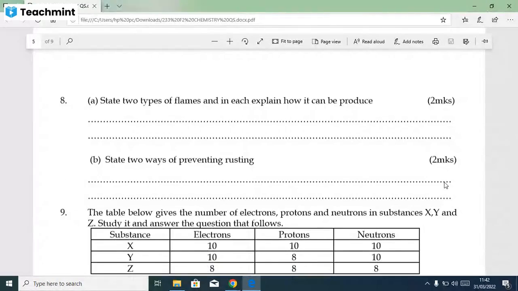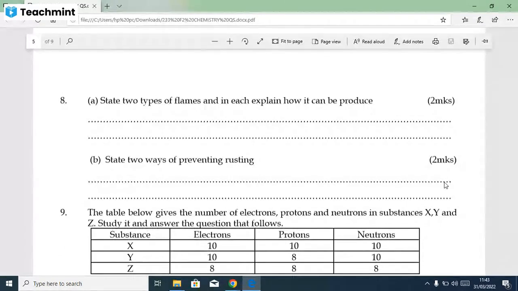State 2 types of flames and in each explain how it can be produced. We have what and what? Luminous and non-luminous. Explain how they can be formed, the two of them.